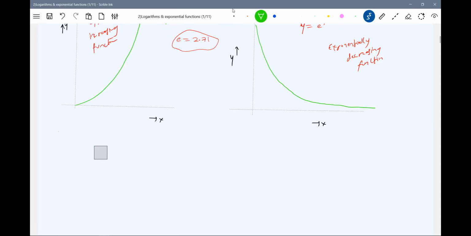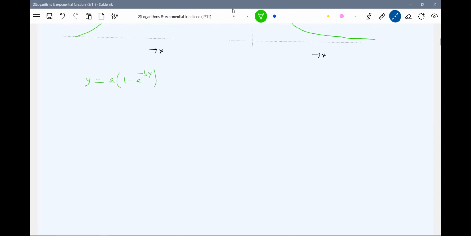Now after this, we have a few more, like y equal to a to the power of 1 minus bx. This is also exponentially increasing. So how will the corresponding graph be? Already we have seen certain ideas in plotting of graphs. Once again, I'm just putting it here.